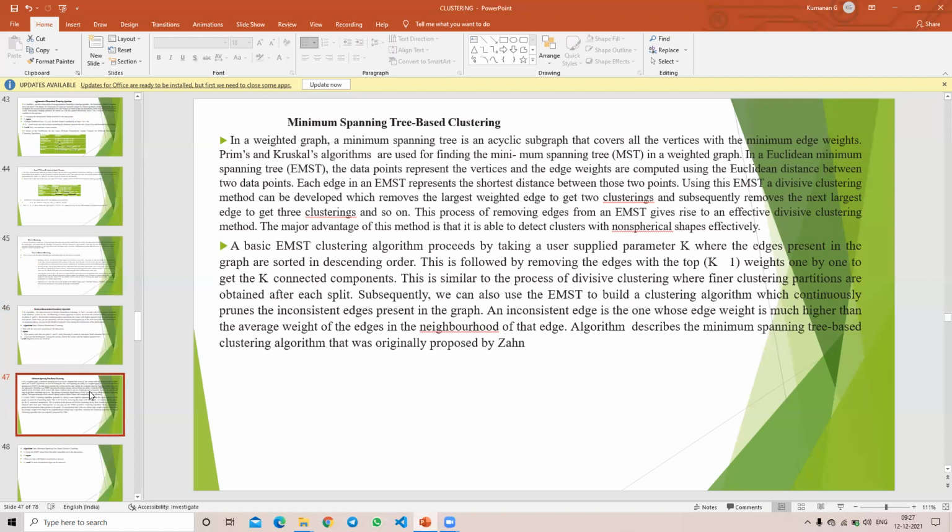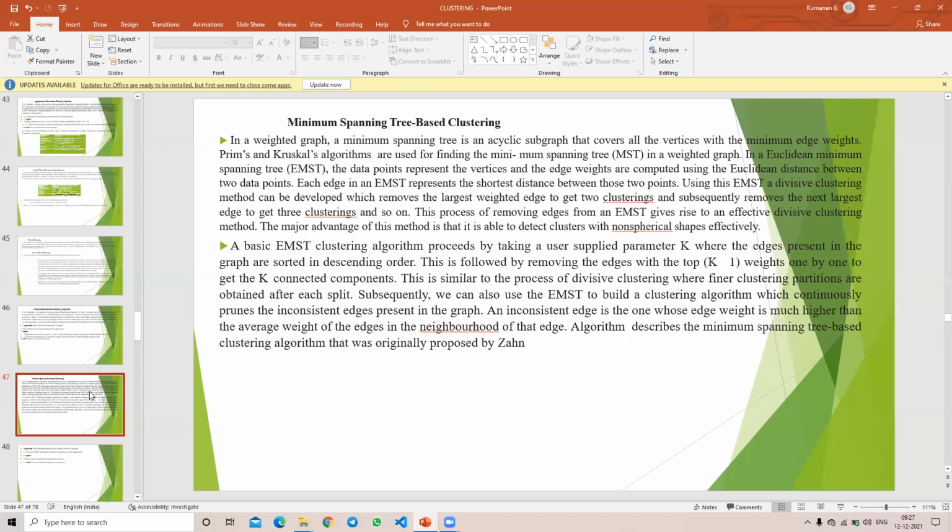In a weighted graph, a minimum spanning tree is an acyclic subgraph that covers all the vertices with the minimum edge weights. Prim's and Kruskal's algorithms are used for finding the minimum spanning tree in a weighted graph.